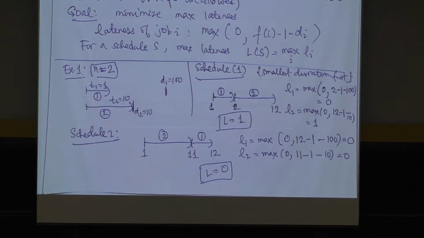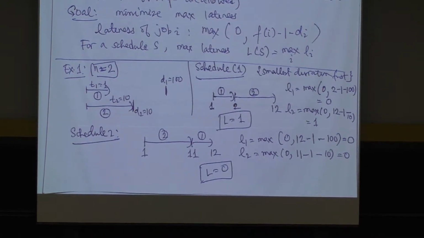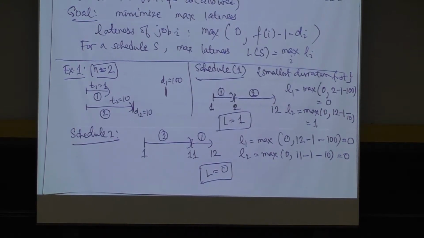Evan. So your strategy for making schedule 1 was smallest duration first. Was your strategy for making schedule 2 largest duration first or earliest deadline first? So Evan's question is, the strategy for schedule 1 is I did smallest duration first.